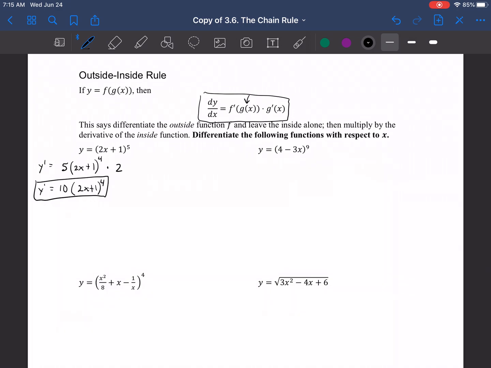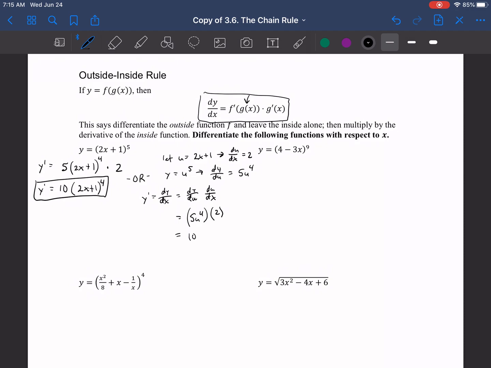And if you want to compare, we could do an or, right? Or you could have done it the other way, where we would have said, let u equal 2x plus 1, and then du/dx would have been 2, and we could say then that y equals u to the 5th, and dy/du is equal to 5u to the 4th, and then dy/dx, which is y prime, is going to equal dy/du times du/dx, which is 5u to the 4th times 2.